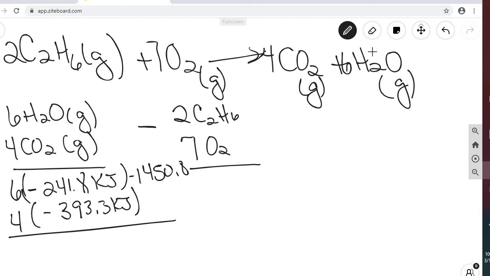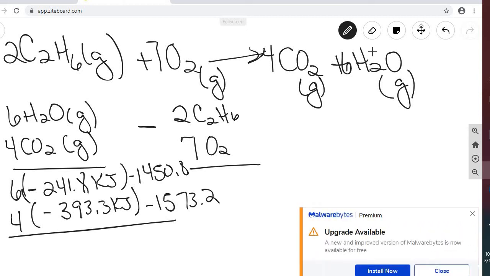This totals up to be negative 1,574. So the total on that side is negative 3,024.8 kilojoules. So that's the product side.